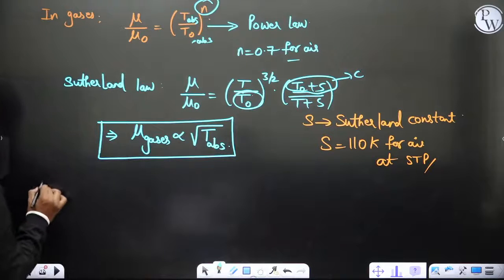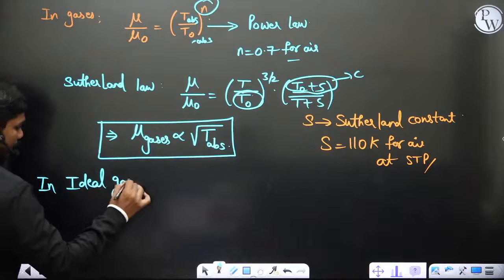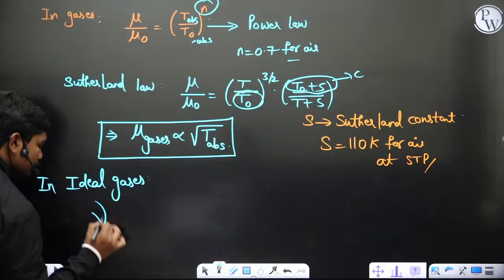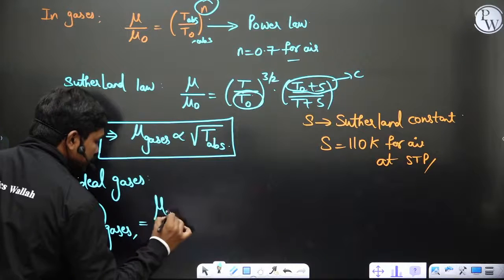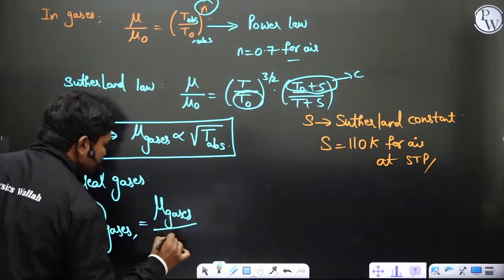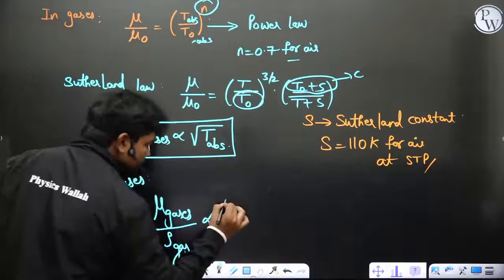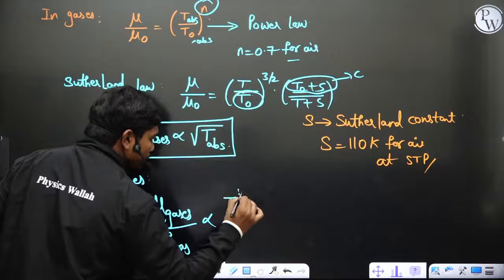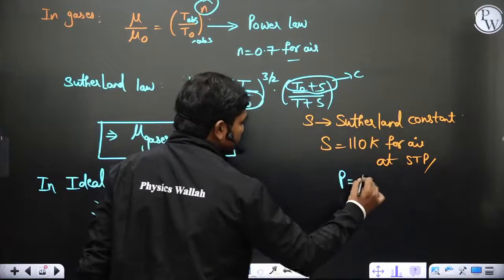So in case of ideal gases, if you talk about kinematic viscosity of gas, which is equal to mu of gas by density of gas, you have seen mu gas is proportional to T power 1 by 2, divided by density. We know P is equal to rho RT.